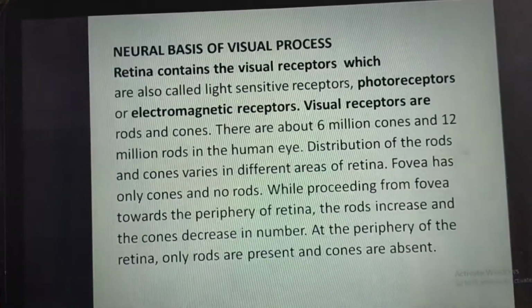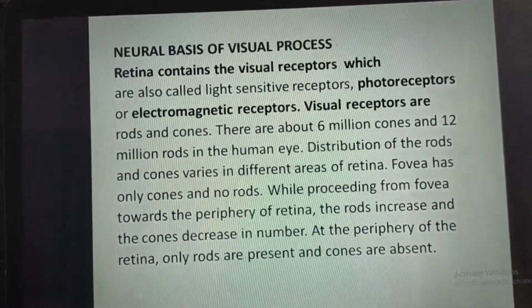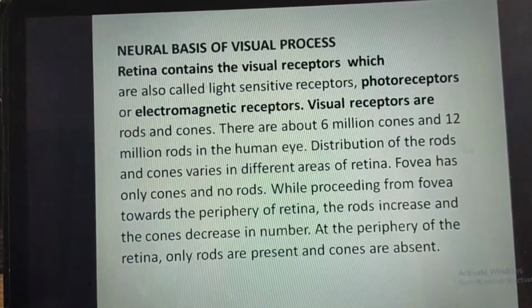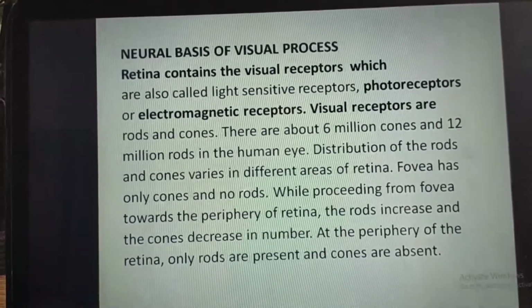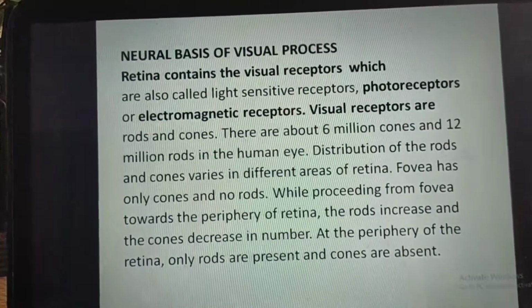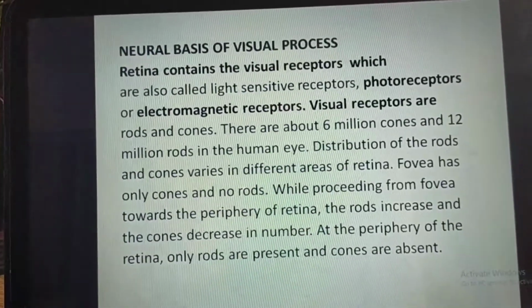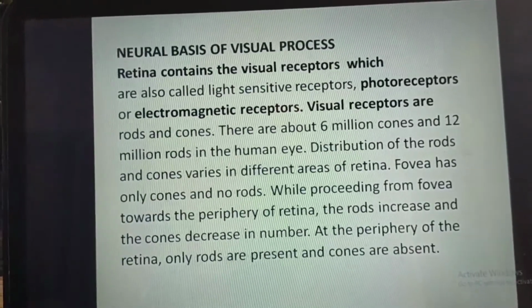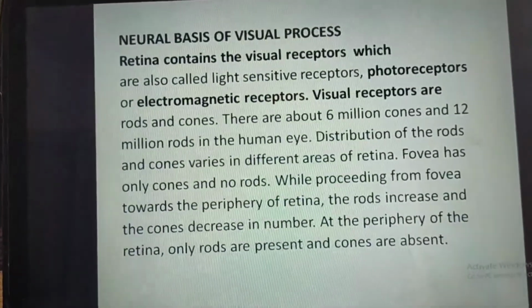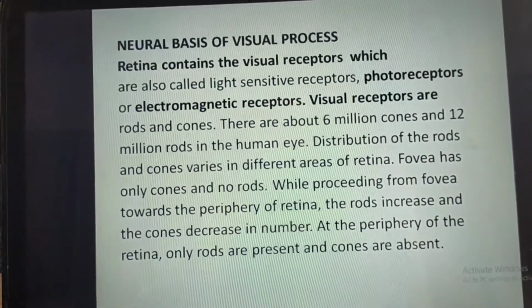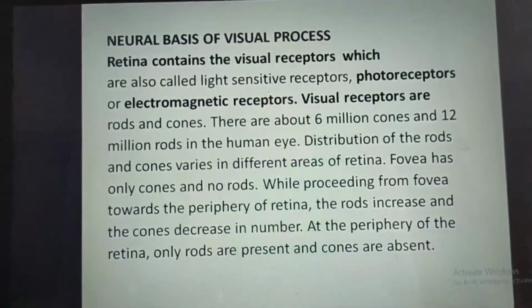Distribution of the rods and cones varies in different areas of the retina. Fovea has only cones and no rods. While proceeding from fovea towards the periphery of the retina, the rods increase and the cones decrease in number. At the periphery of the retina, only rods are present and cones are absent.